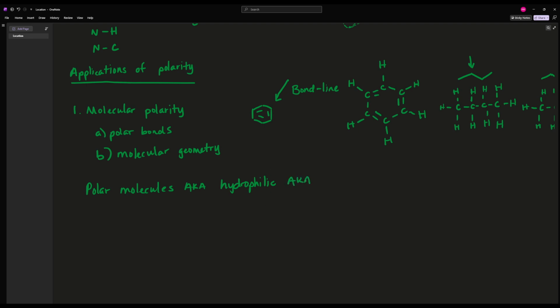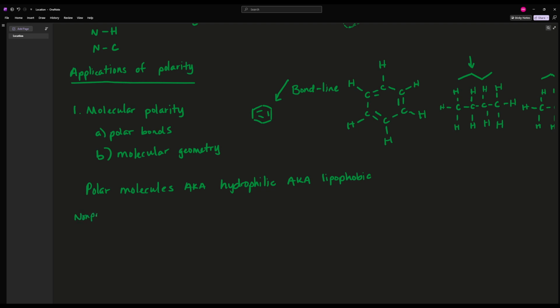Or they do not like nonpolar things, often lipids. So lipophobic. Phobic meaning fear of, lipo meaning lipids, which are nonpolar macromolecules. We will discuss that in just a little bit.